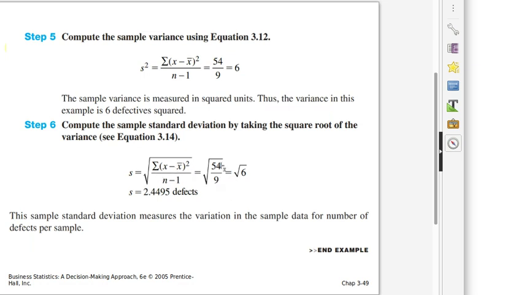By substitution, this reduces to the square root of 6, which is 2.4495 defects, or more or less 2.4. This sample standard deviation measures the variation in the sample data for number of defects per sample.